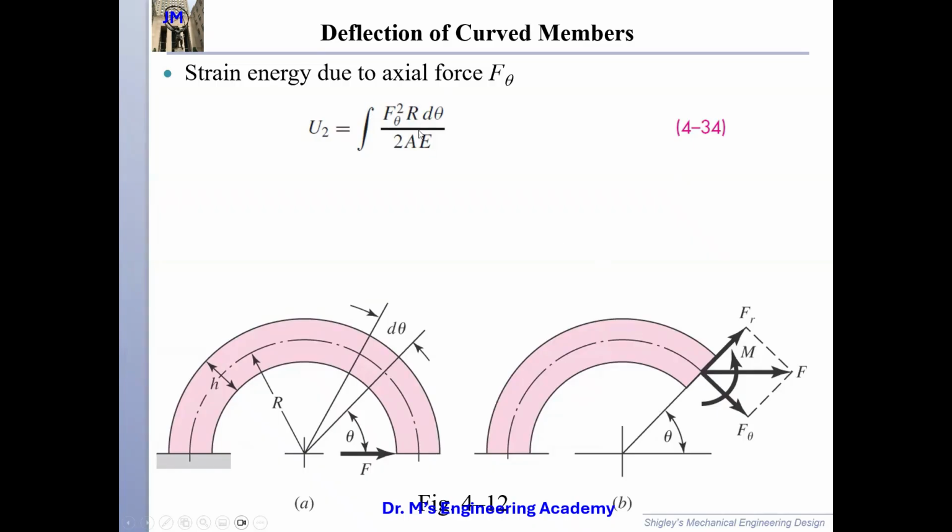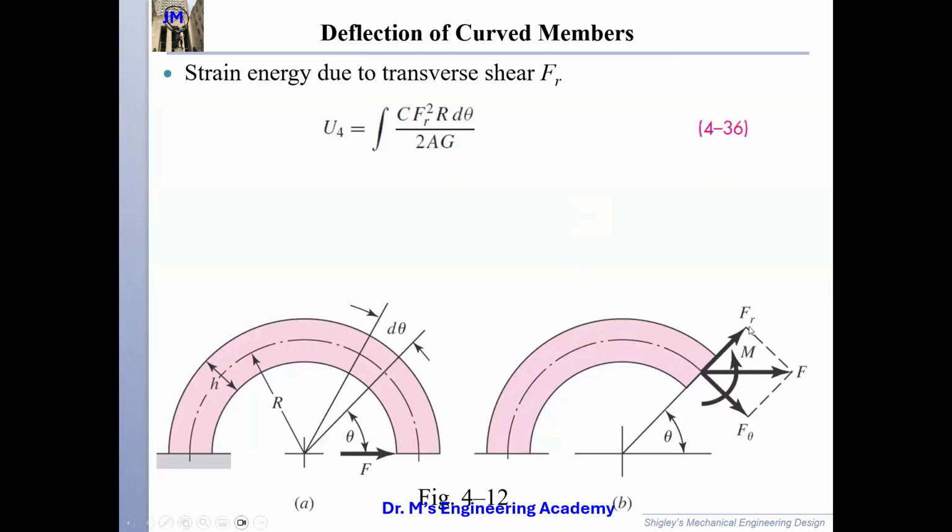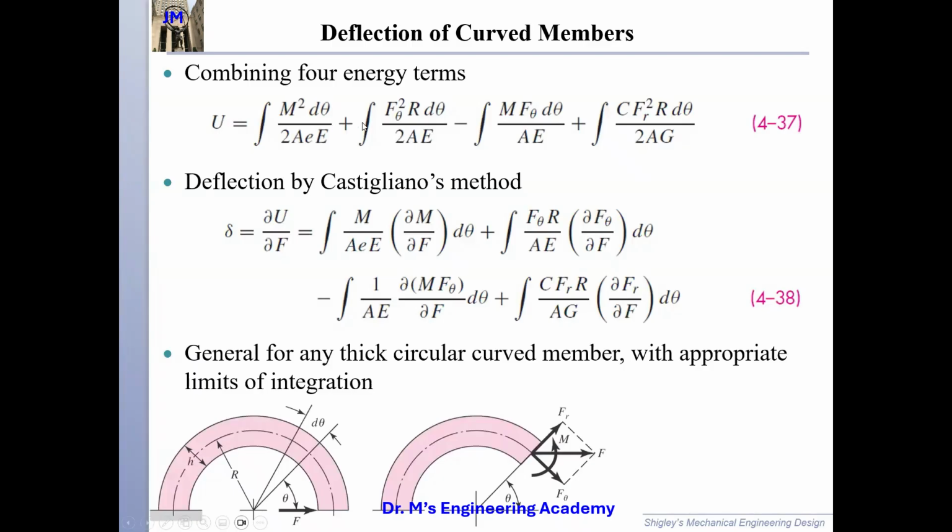However, actually it's not the case, because the centroidal axis and the neutral axis are different, so we have this bending moment, and the AE. Lastly, the transverse shear force FR gives this component of the strain energy. So the total strain energy equals the summation of all these four terms.